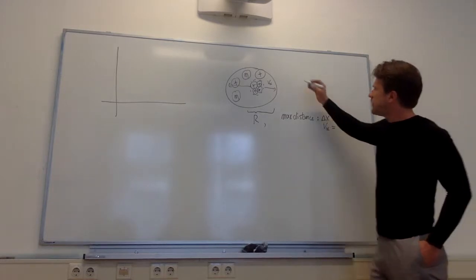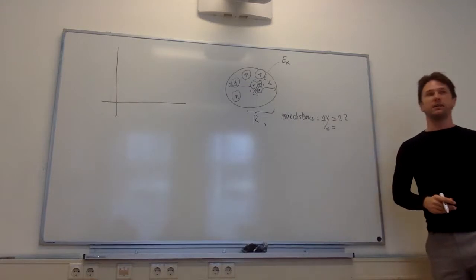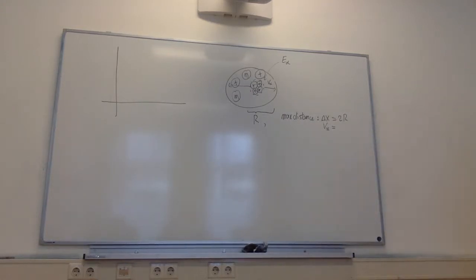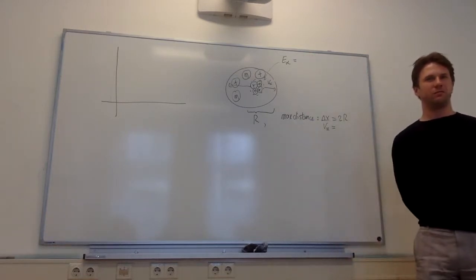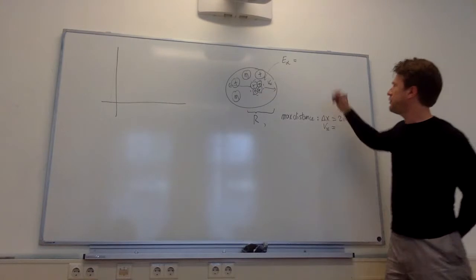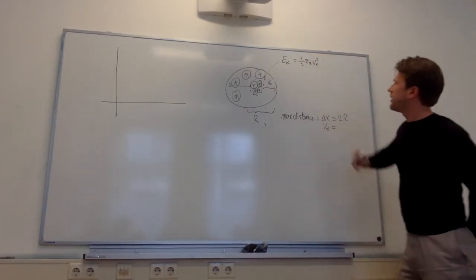Well, let's say that this alpha particle in there has an energy E alpha. Would that help? Connection between velocities and energies? Newtonian mechanics. Yeah. Half mv squared. There you go.